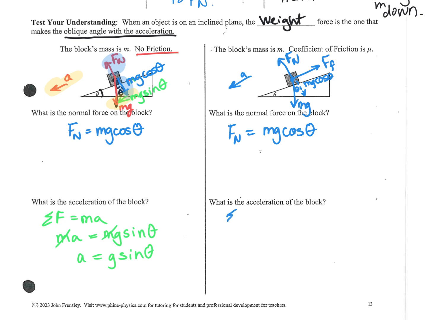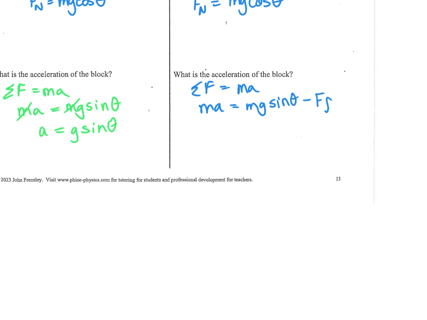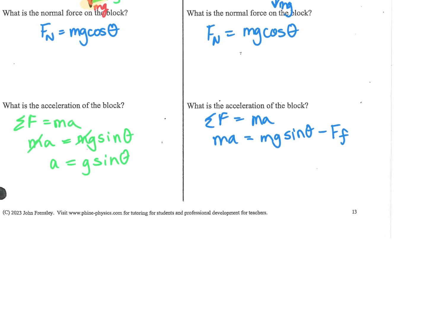So what we know is the sum of forces, which is equal to MA, is no longer just equal to the mg sine theta component. It's going to be that minus the force of friction. And we know what the force of friction is. The force of friction is mu times the normal force.